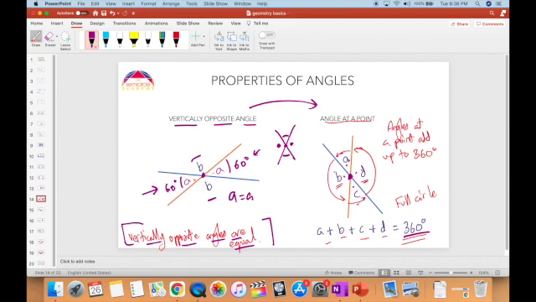So if I add up all of these angles here, I am supposed to get 360 degrees. So these are two things when it comes to angles around a point. The angles around a point add up to 360 degrees. And angles around the point, the vertically opposite ones, are always equal.